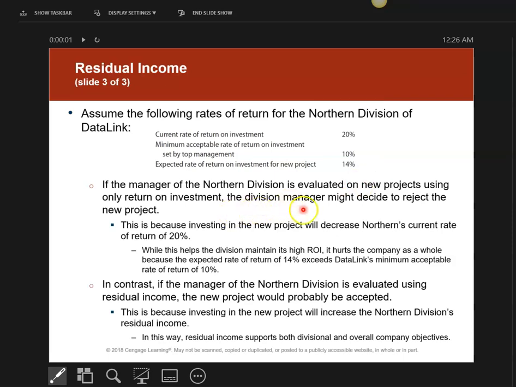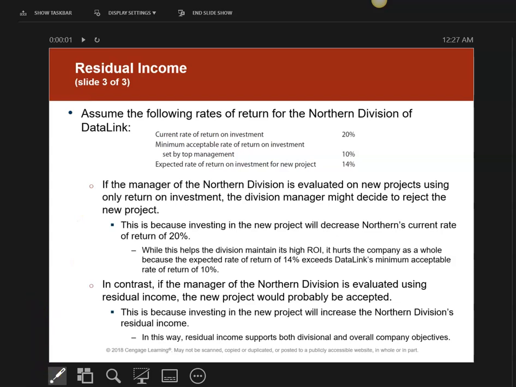If I reject it, I'm rejecting it just by looking at 14% and saying it's less than the 20%. But if I decide to accept it, it's actually going to increase my residual income. This is probably the hardest concept to understand in here, my residual income.